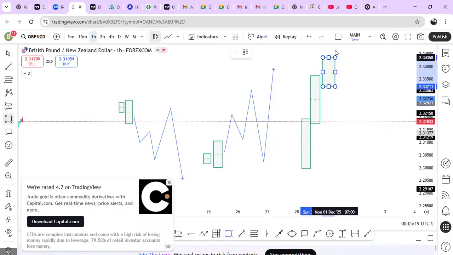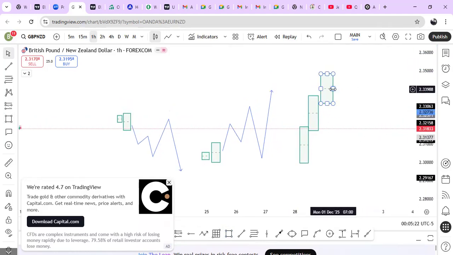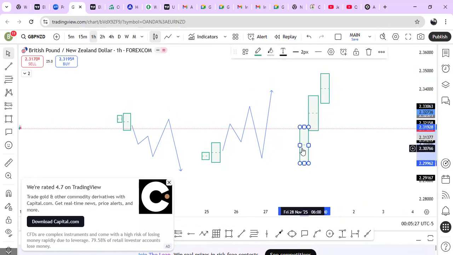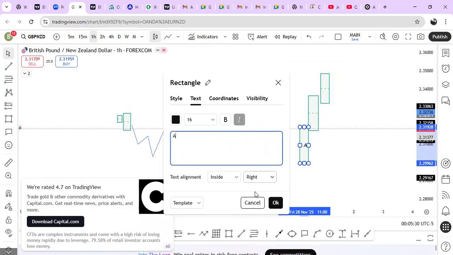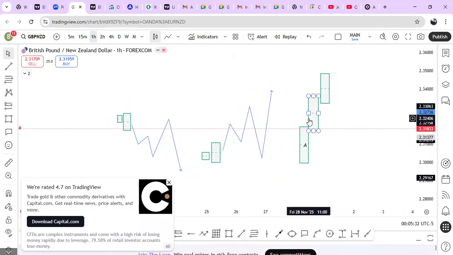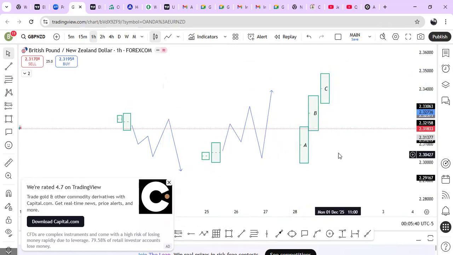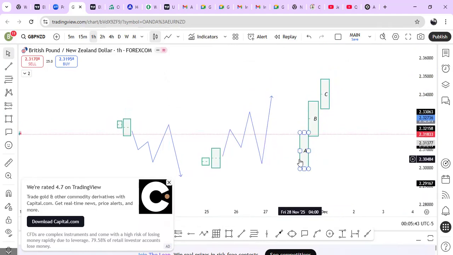So now let's say you have 3 bullish candles going together like this, 3 thick candles. You have your first candle, let's say candle A, second candle, B, and the third candle, C. Once you can identify 3 straight candles like this, you pick candle A's high and extend it to the future.